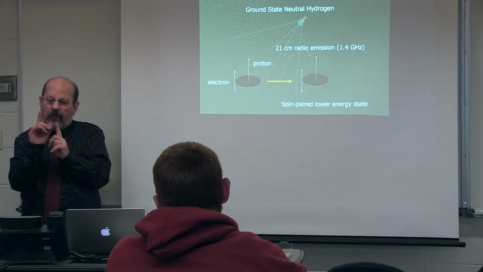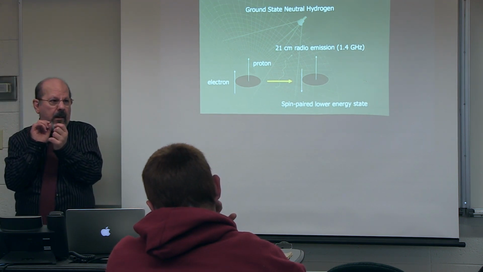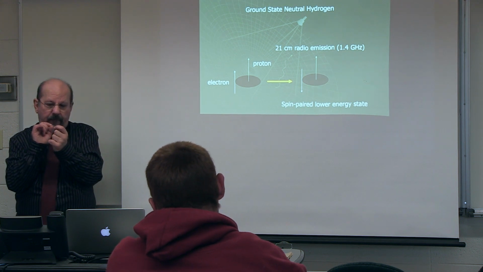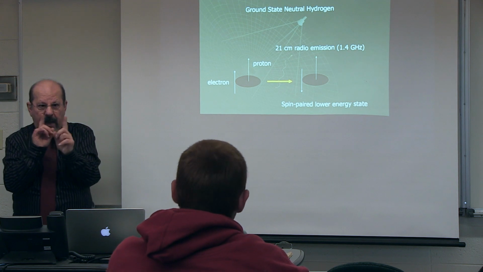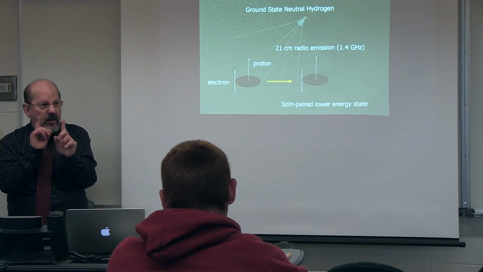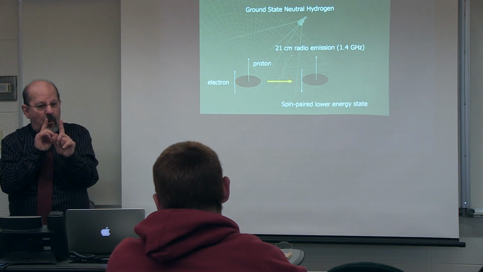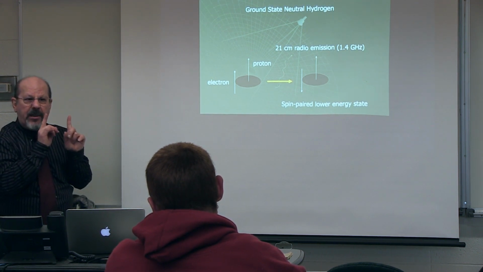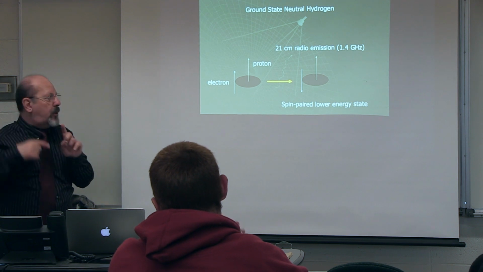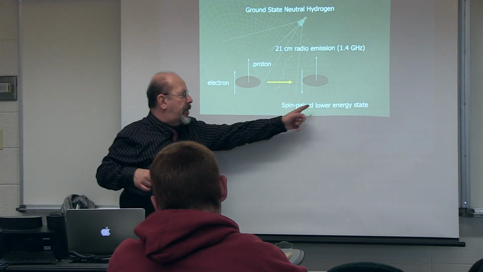You have the proton and the electron together, all right? This is unionized hydrogen. They do spin individually. When they're spinning in the same direction, that's a slightly higher energy than when they're spinning in opposite directions, which is called spin paired, a lower energy state.